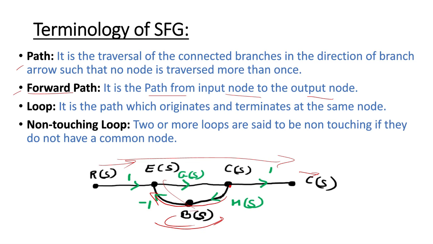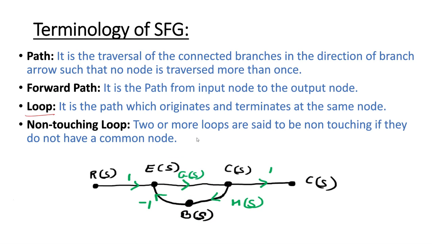But this is not your forward path because it is not from the input to output. We are just considering this part only. We are not considering the whole, because when we consider the whole using this, we have seen that this path is traveled twice. Therefore, this is not a path. So forward path basically means a path from input node to output node.